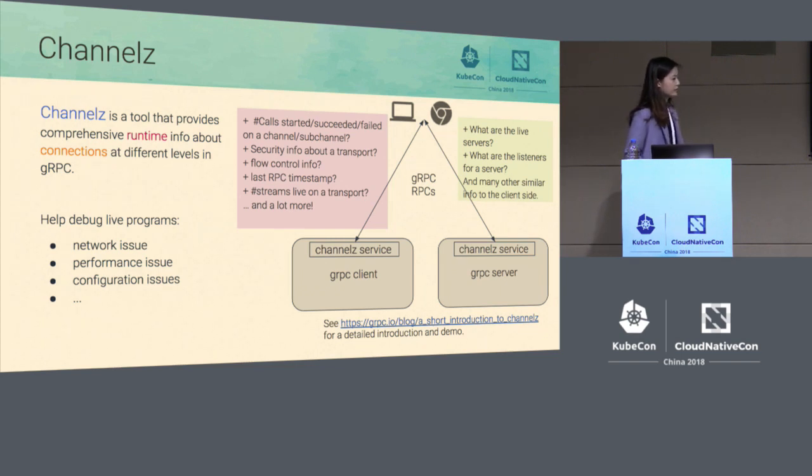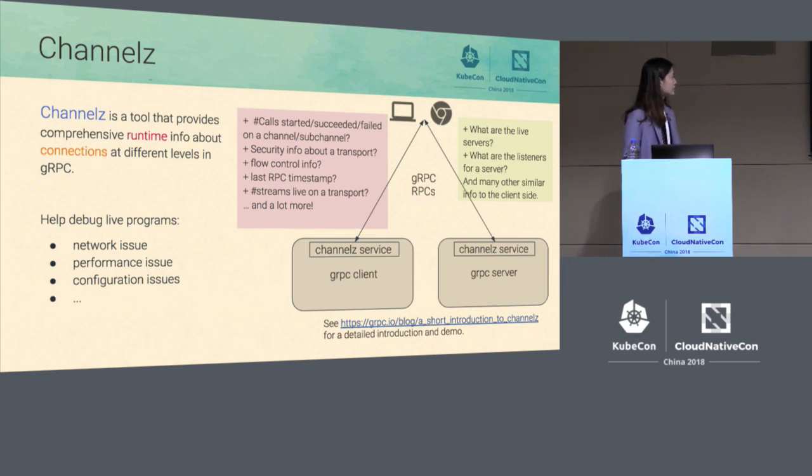And what info is provided by channelz? You can inquire how many calls have been started, succeeded or failed on a channel or subchannel. You can see the security info about the transport, like the cipher suites and the certificate used to set up this transport. There's flow control info, like how much of the flow control window is currently left for this transport.